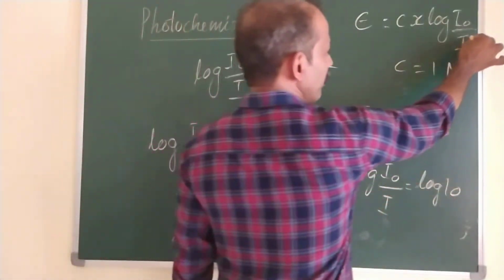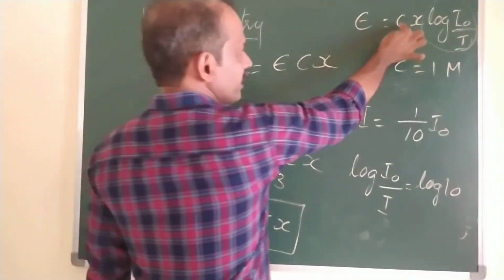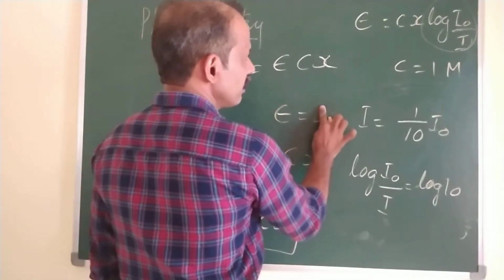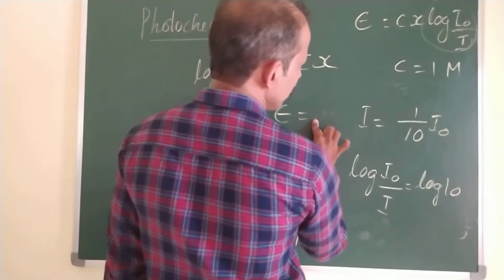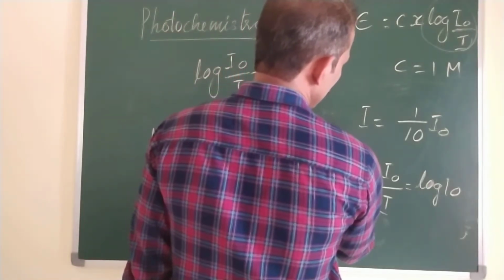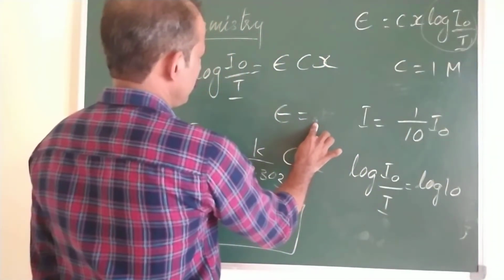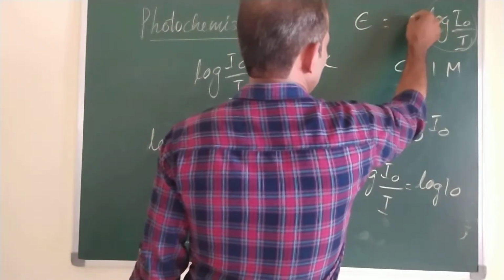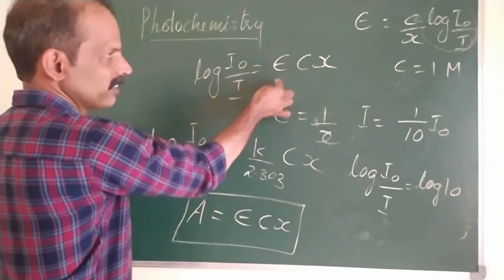So this part becomes 1 and C is equal to 1. So obviously epsilon is equal to 1 by x.